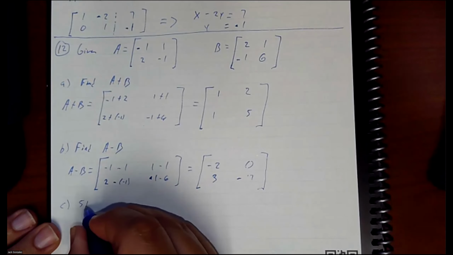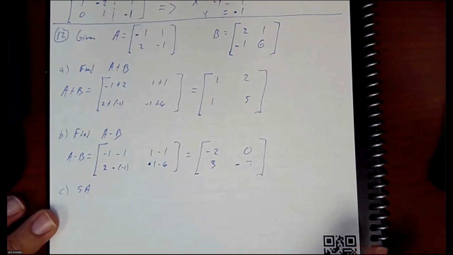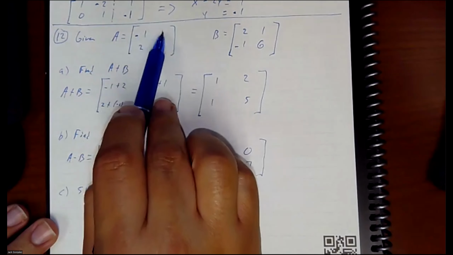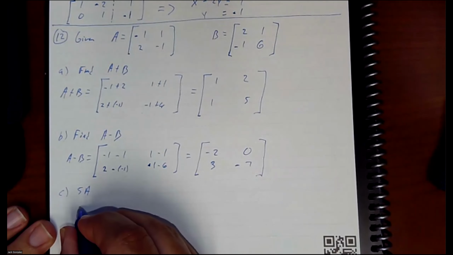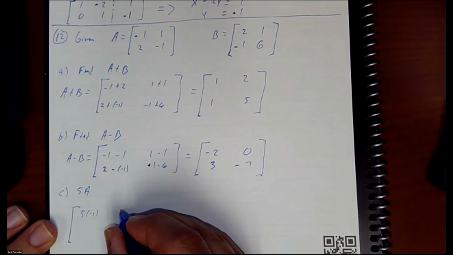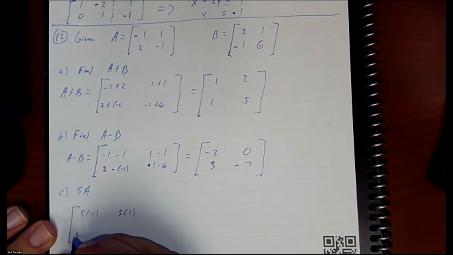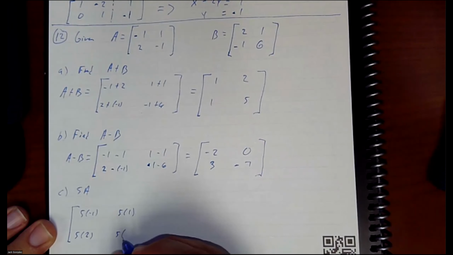C is 5A. So basically just scale everything by 5 and you're done. So 5 times this, this, and this, and that. So 5 times -1, 5 times 1, 5 times 2, 5 times -1.